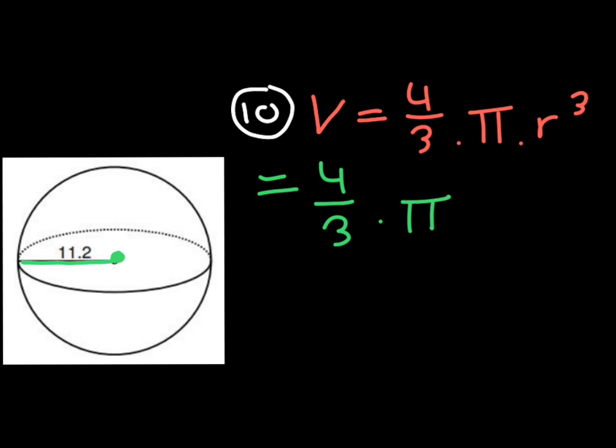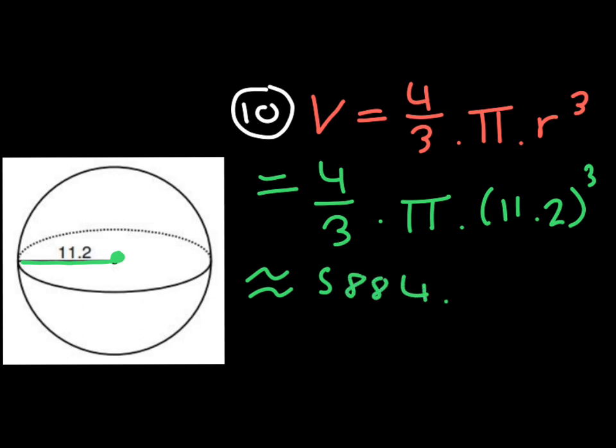So we'll have 4 over 3 times pi times 11.2, and that is cubed. Now we can type all of that into our calculator, and you should see that there are many decimal places. So for our final answer, we are going to round off to 2 decimal places, and therefore our final answer will be approximately 5884.95.